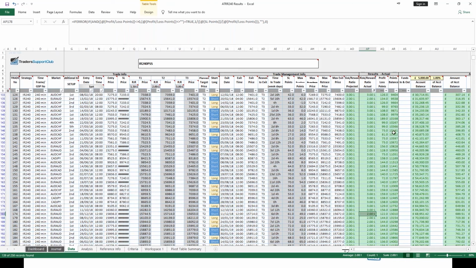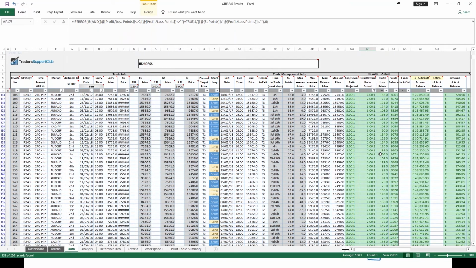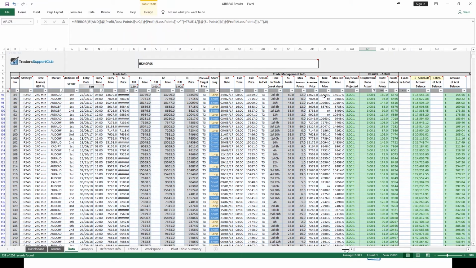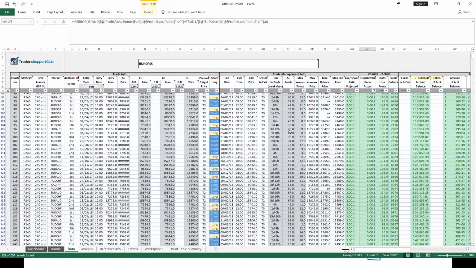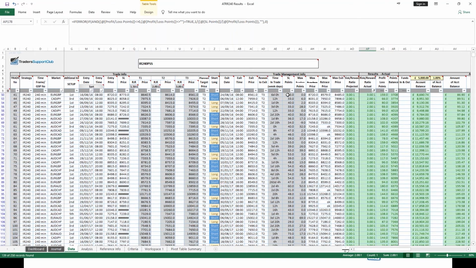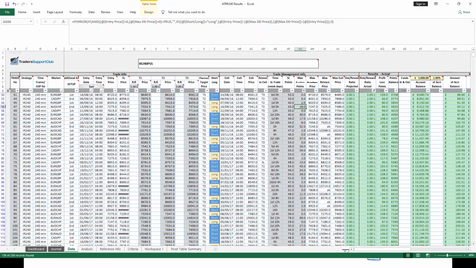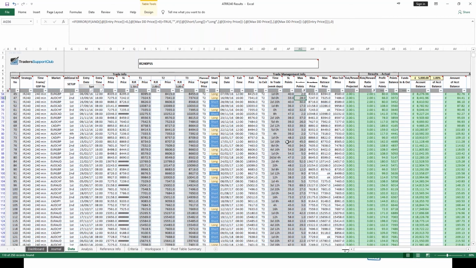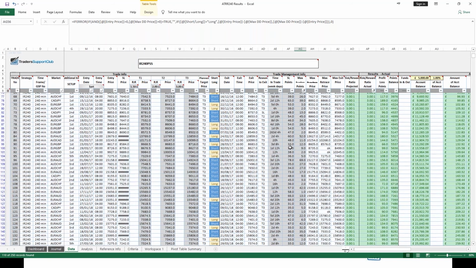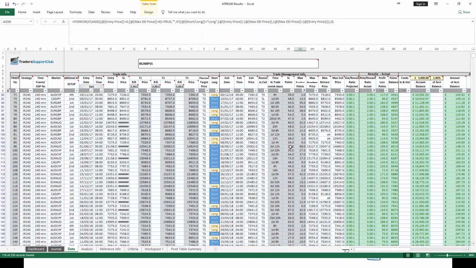So I filter my winners and not be obsessed with the win-loss ratio, but focus on my winning trades. And then what I want to do over here is look to see how many of those trades, if I stop loss, this is giving me the size of my stop loss in points, then how many of those trades, in fact, what percentage of those trades, and I can just get rid of all the figures here, what percentage of those trades went into some form of drawdown, even though they ended up being a winner.